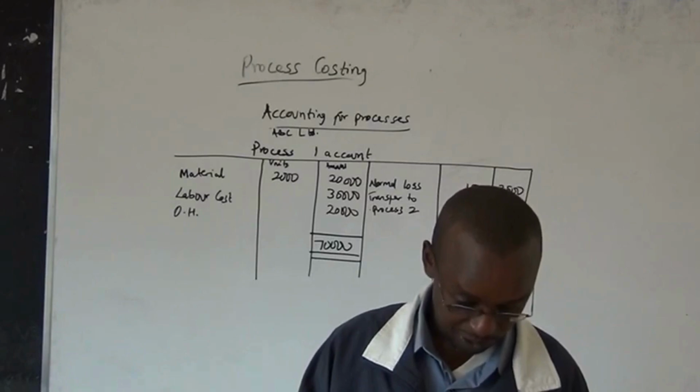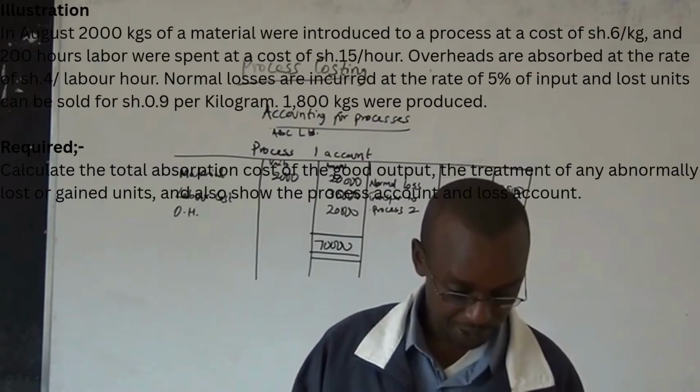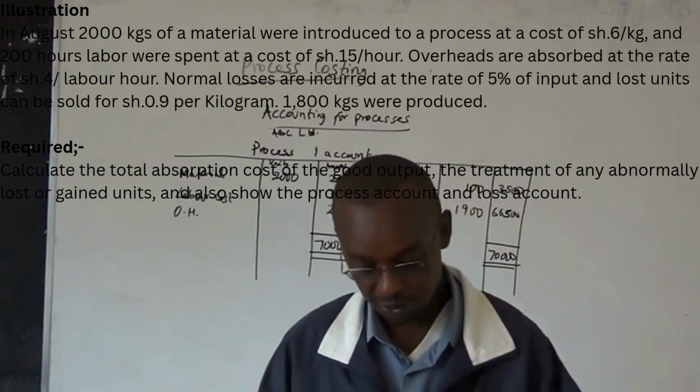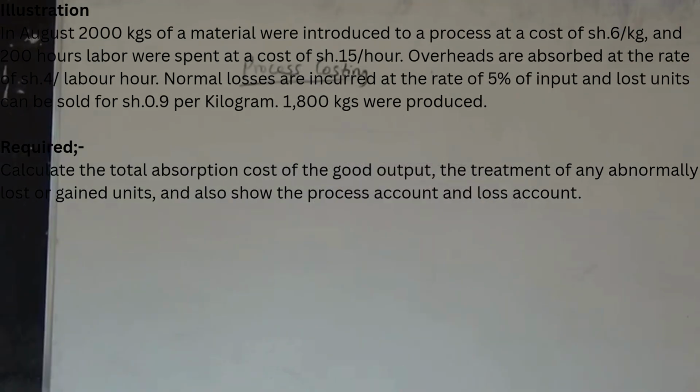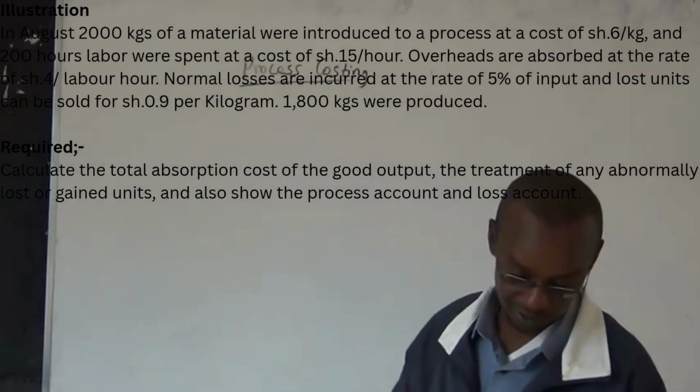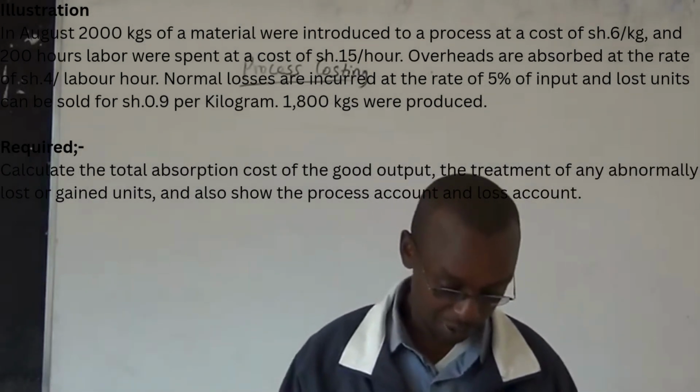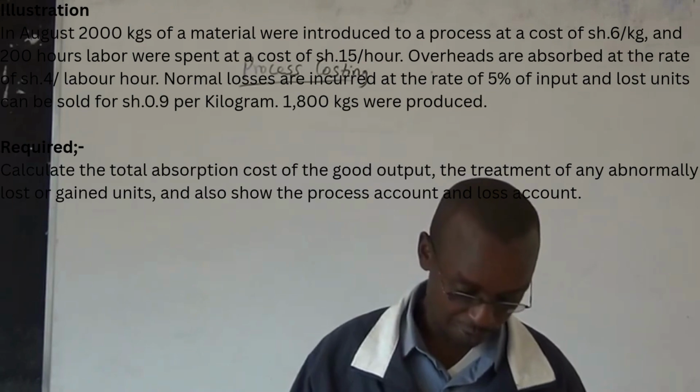Abnormal gain illustration. In August, 2,000 kgs of raw materials were introduced in the process. Here, I want us to understand how to account for the abnormal gain or abnormal loss, whichever.